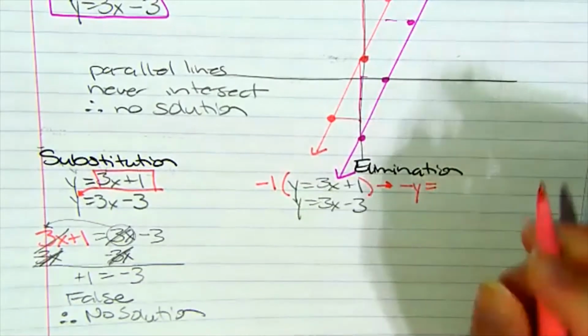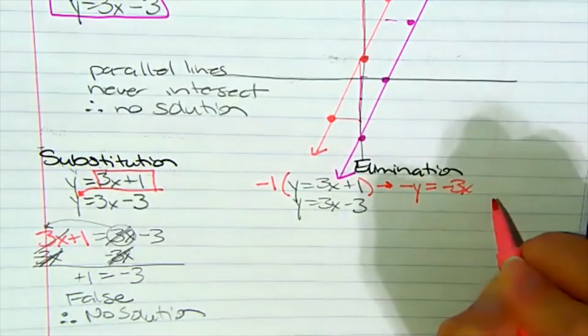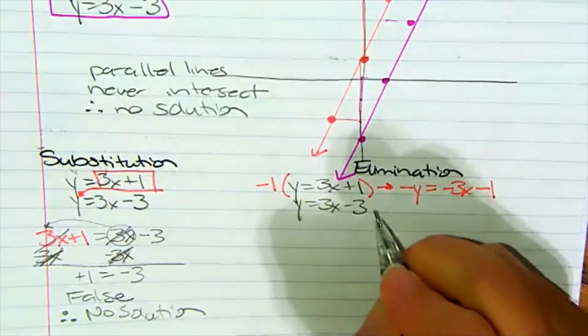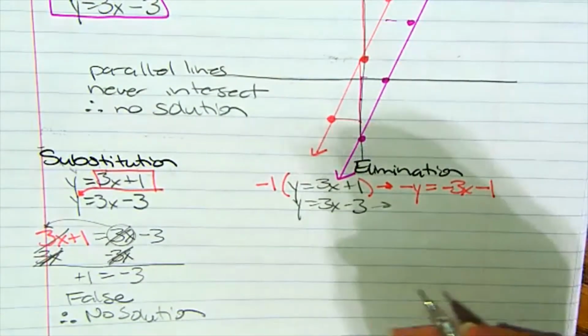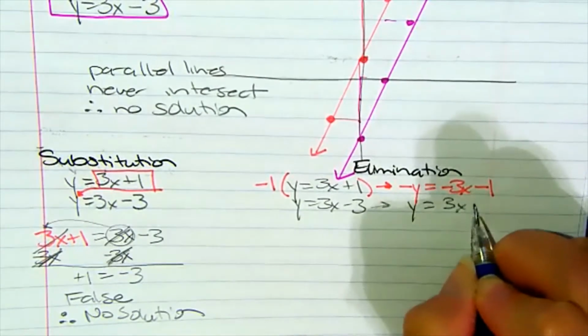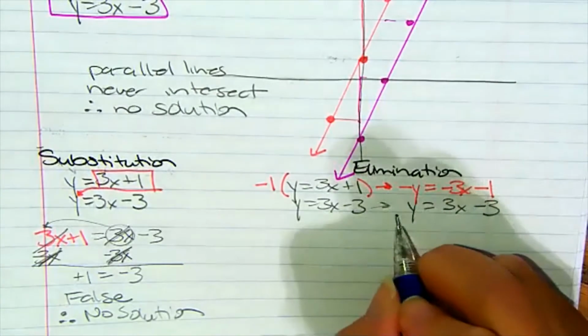Negative y equals negative 3x minus 1. And then y equals 3x minus 3.